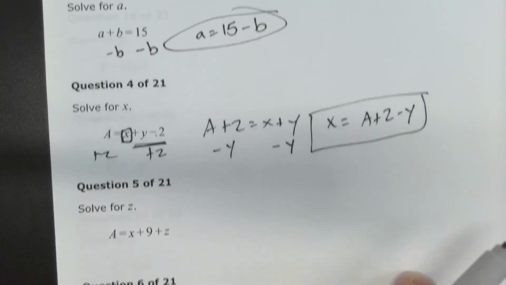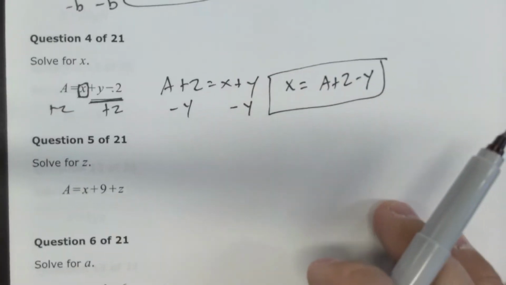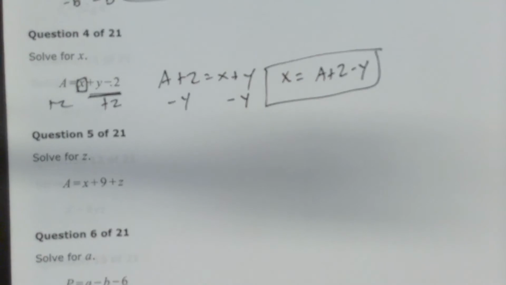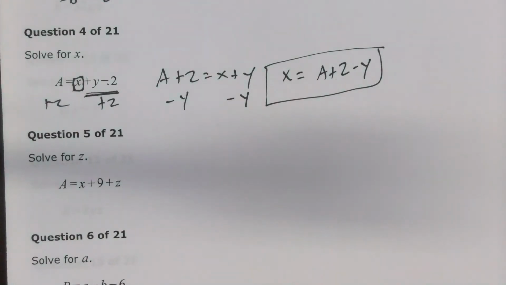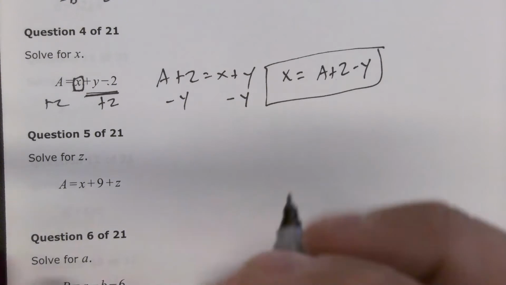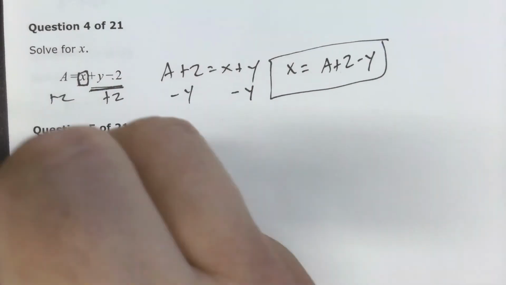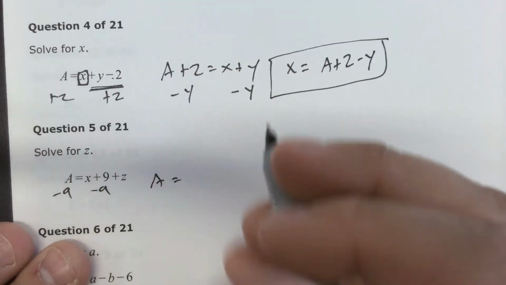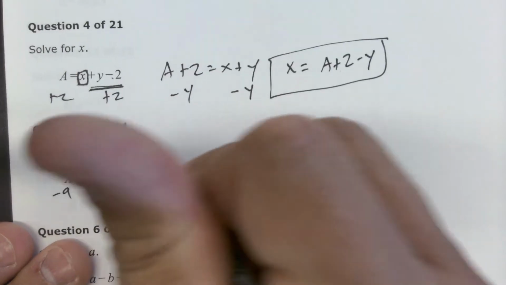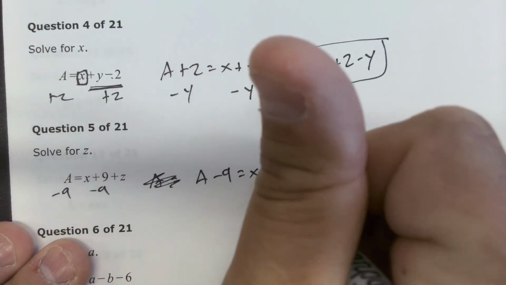So look at number 5 real quick. We're solving for z. So who can help me with it? What do you got, Dallin? Okay, let's subtract 9. So we have a minus 9 equals x plus z.